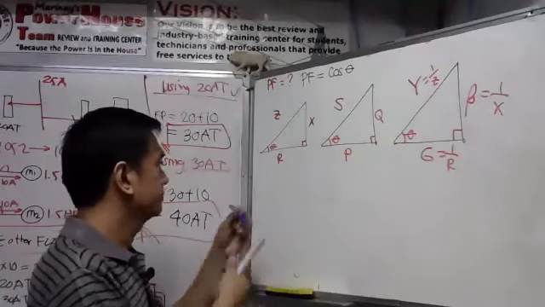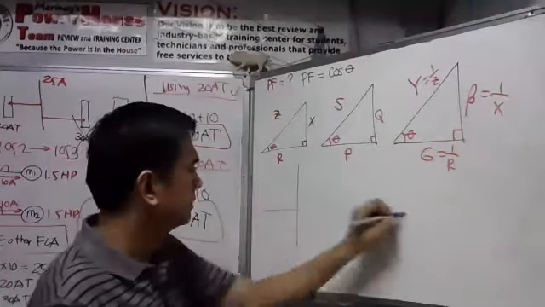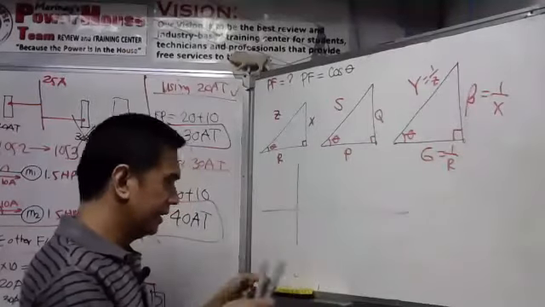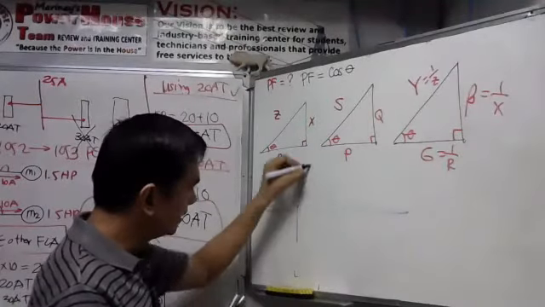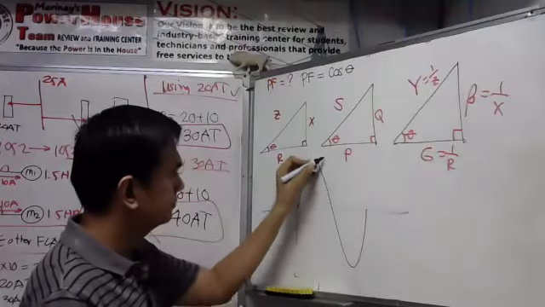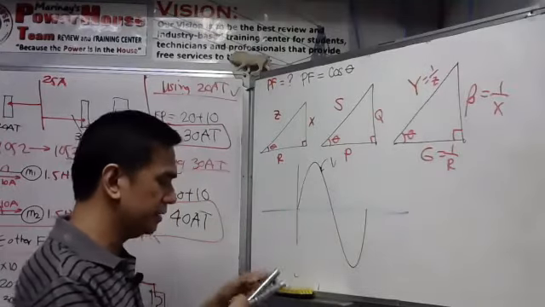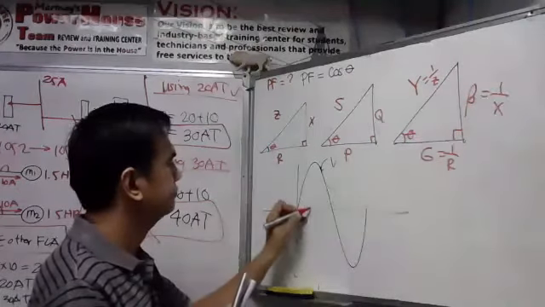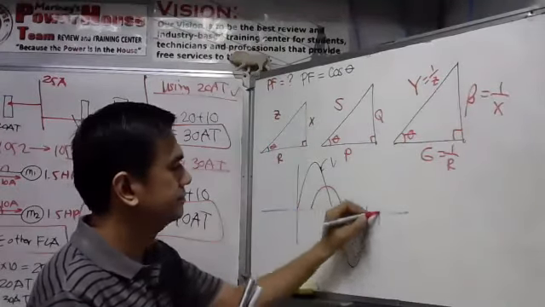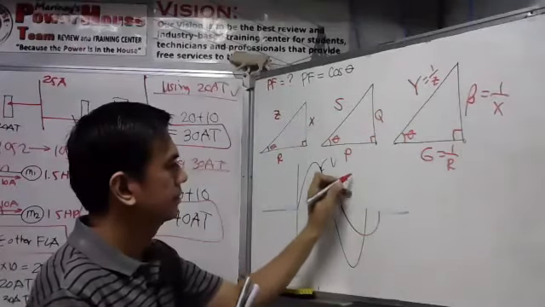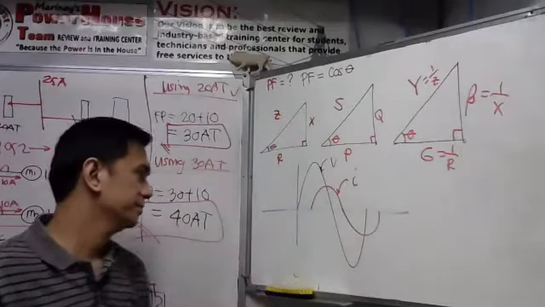Let's go here. Let's say you have your voltage waveform. And you have your current waveform here. That's your current waveform.